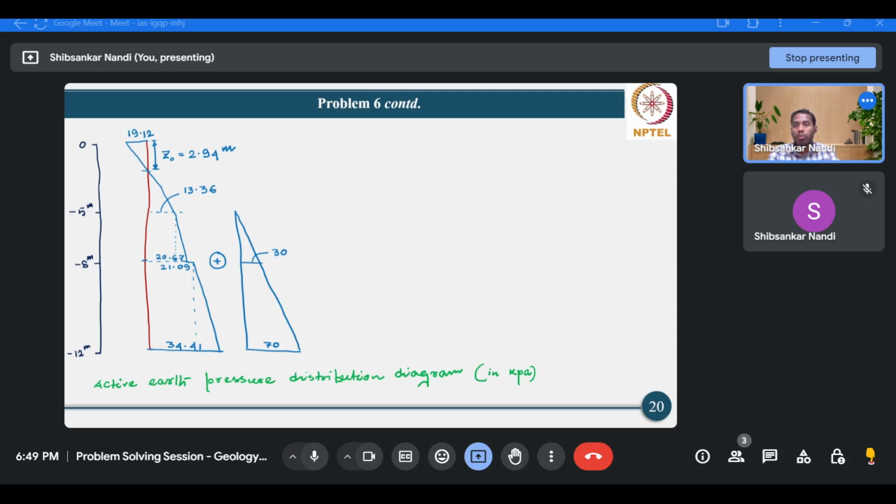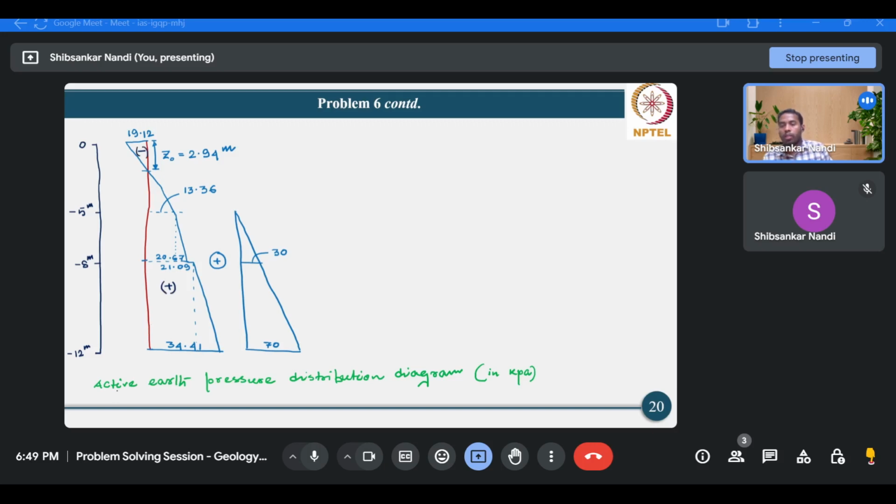Now if there is no contact, it will not impart any pressure. So the initial negative portion we have to disregard. Okay.